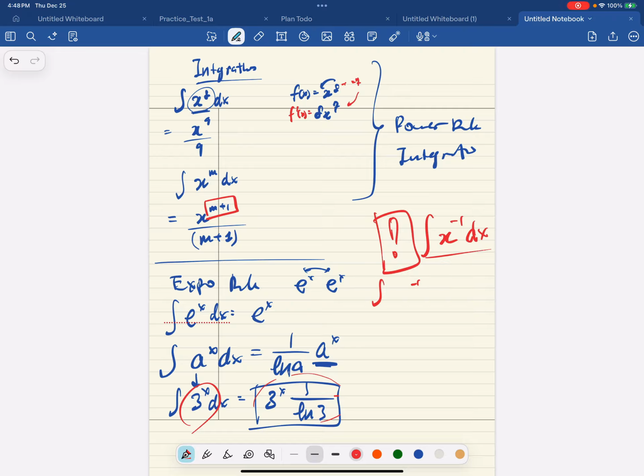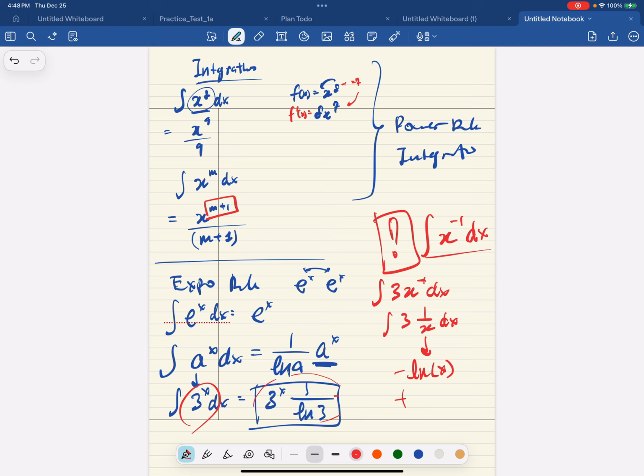That does not work. So instead, what you have to do is remember that x to the minus 1 means 1 over x dx. And 1 over x, if you remember from deriving, is the derivative of ln of x. But be careful, because ln of x can be either a negative or a positive ln.